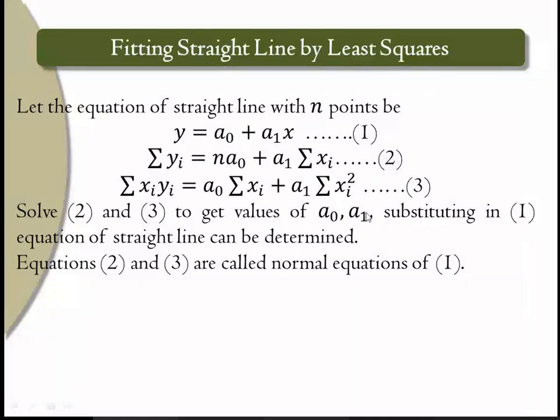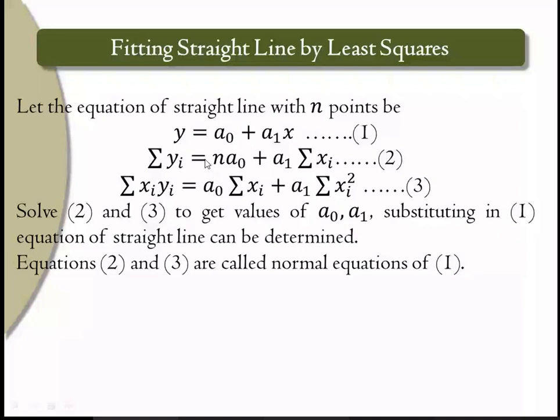Get two equations and solve simultaneously. The method by which we get these unknown terms is called the least square method. By using the conditions of maximality and minimality and simplifying the given equation, we get these equations.